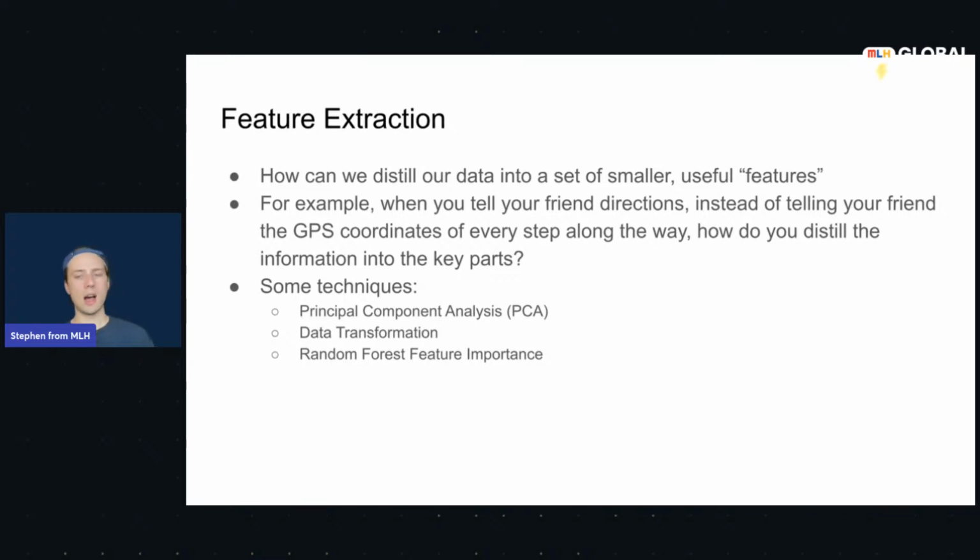Another thing you could do is data transformation. It's common in a machine learning paper to see that the authors have developed their own formula for some particular metric. Let's say they're looking at farmers growing crops.